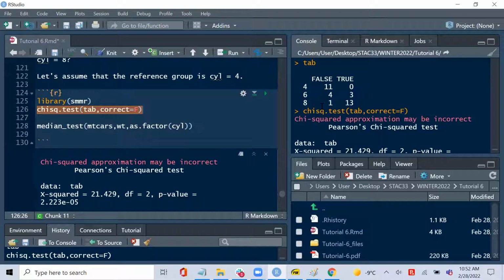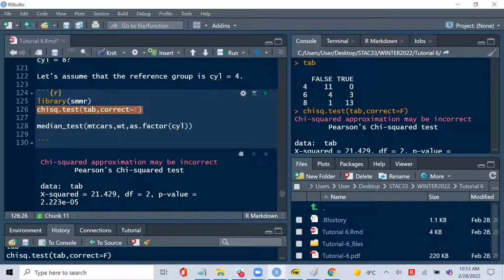Right, so the chi-square test says that you should have at least a cell count of 5 in your expected counts for all of the different cells, right?